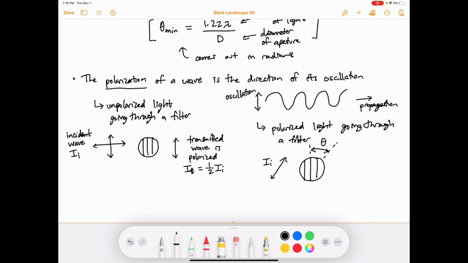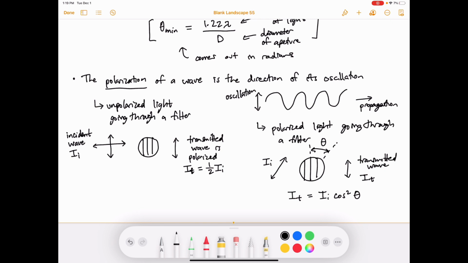Call that angle theta. And then a wave gets transmitted through the filter. And again, it's polarized along the axis of the filter. And the intensity is I_T. But in this case, the transmitted intensity is the incident intensity times cosine squared of the angle theta.